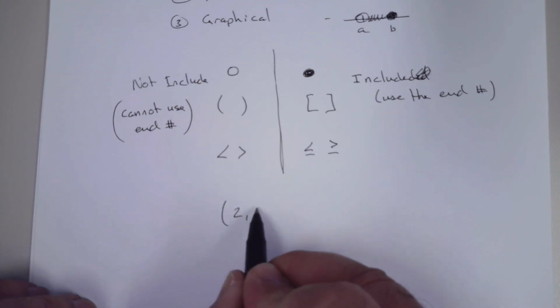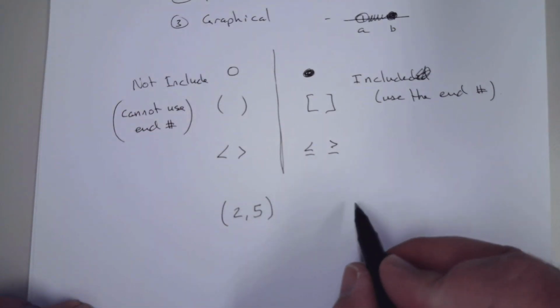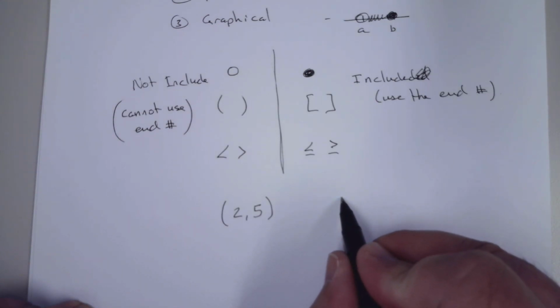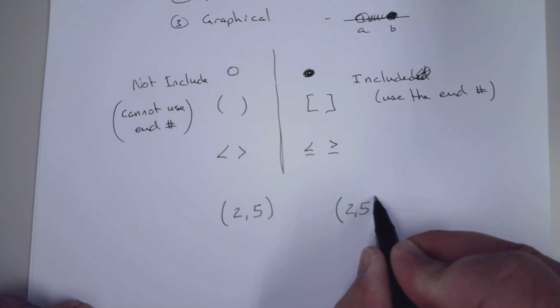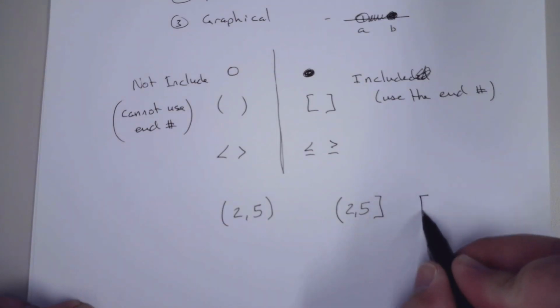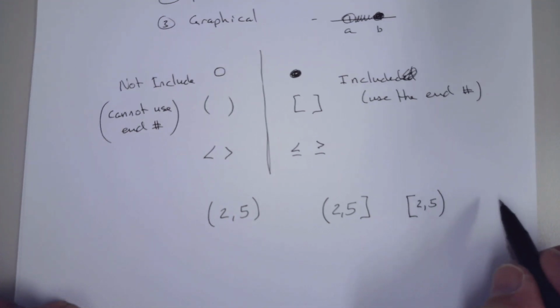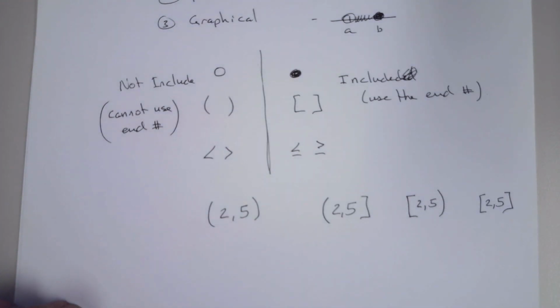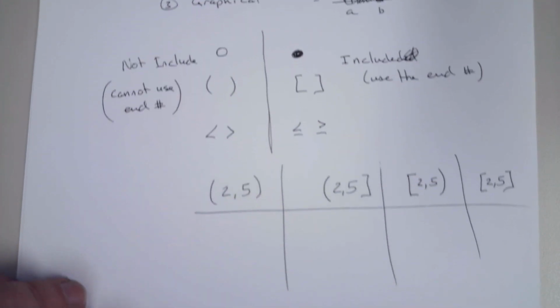If I gave you this set, or this set, or this set, or this set, each one of these represents a different answer.